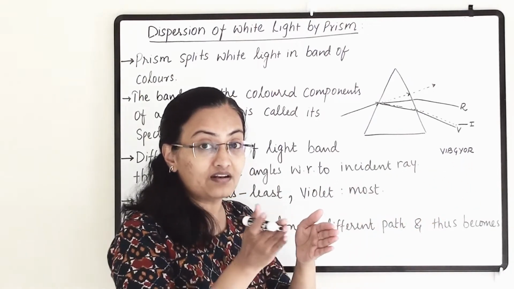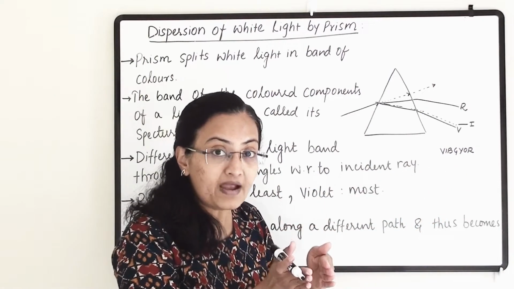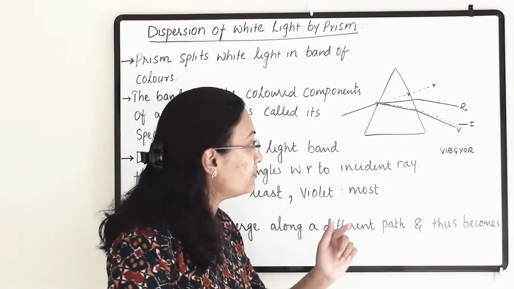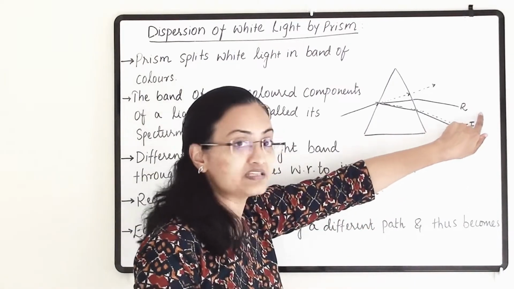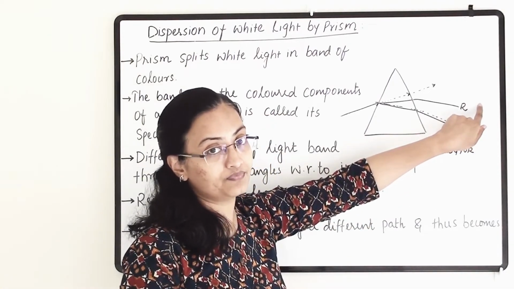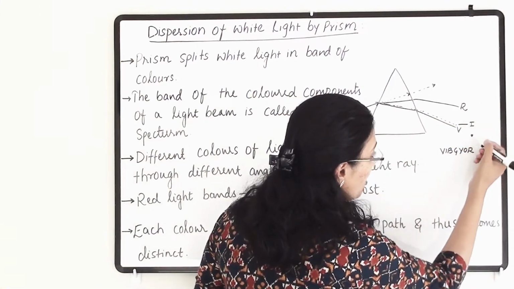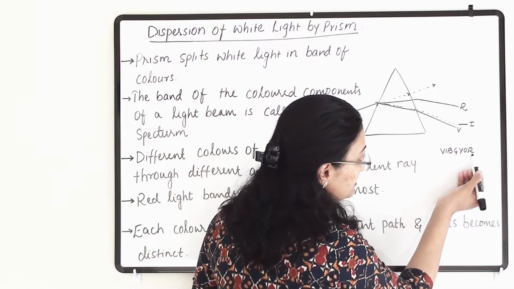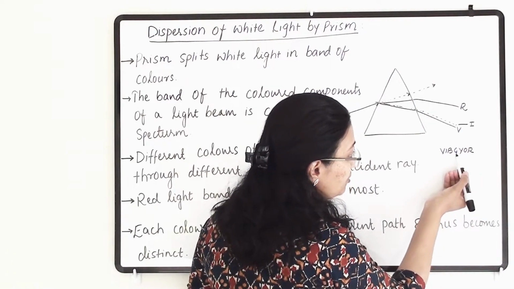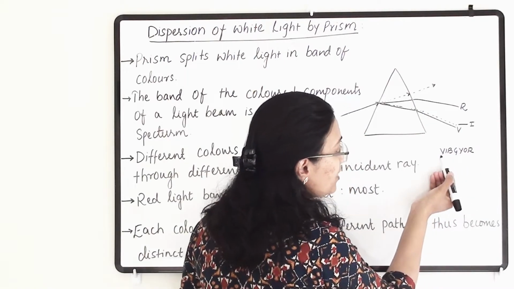Those color lights will bend at different angles, and only then will we get 7 separate colors in our spectrum. And these colors will be from top to bottom in this pattern: red, orange, yellow, green, blue, indigo and violet.